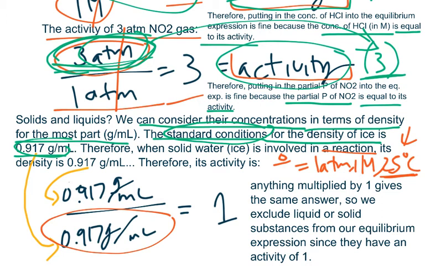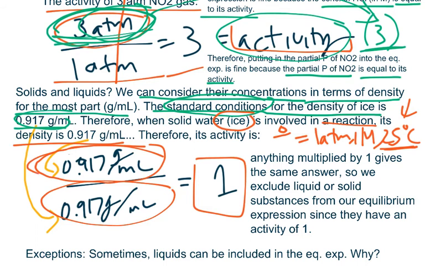Now, what is the density of ice when it's involved in a reaction? Well, unlike solutions and gases, no matter how much ice you have, the density of ice will always stay the same. So therefore, the activity for ice and other solids and liquids as well is going to be 1, because the density does not deviate from the standard conditions no matter how much ice you have.